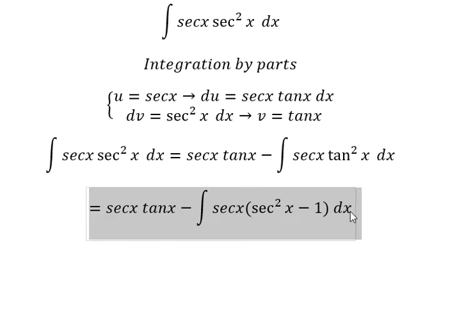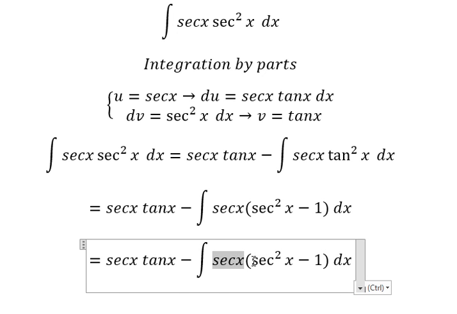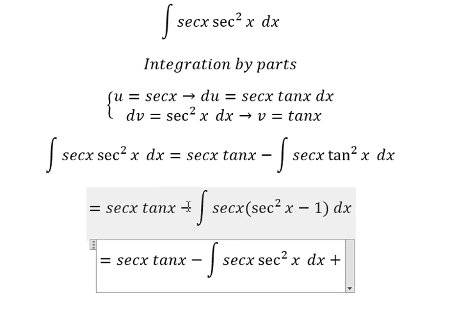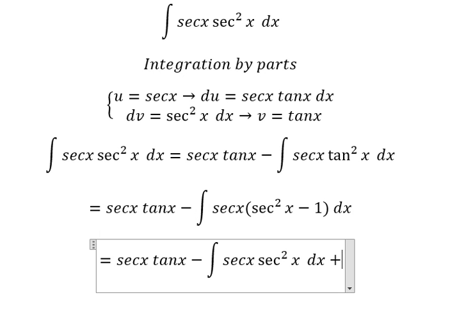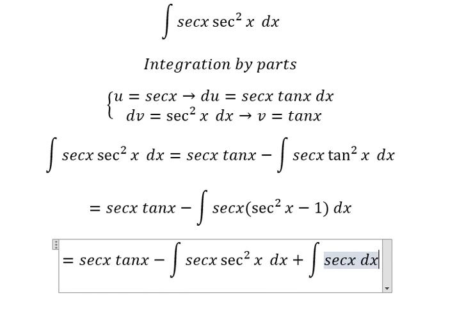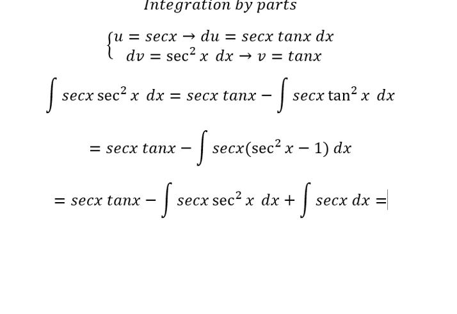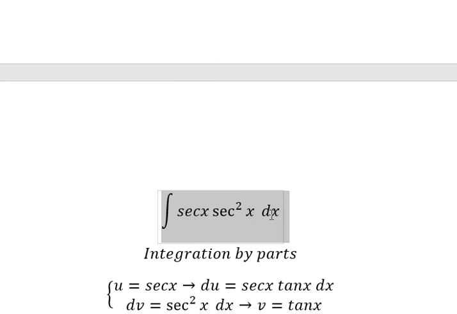And now, we have secant of s multiplied by secant of s squared minus number 1. Because we have negative, we have the integration of secant of s ds. And we know that this one is similar to this one.